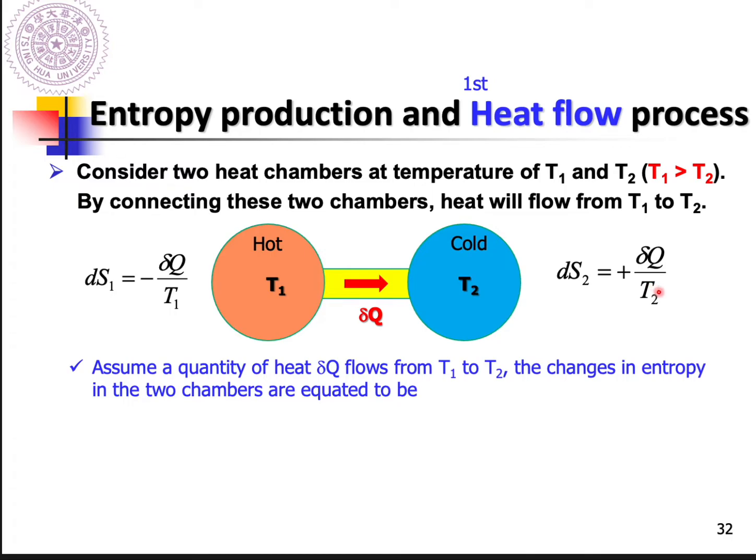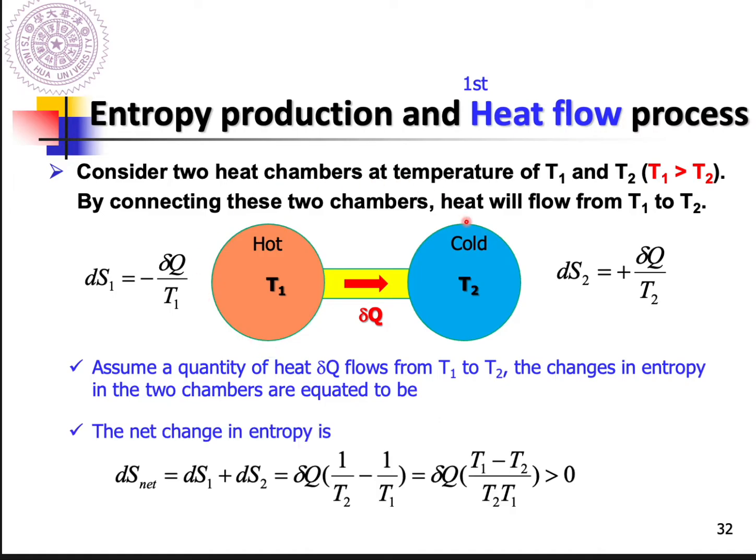Because the temperature here is T2, for the total entropy change of the system you need to sum up the net change in entropy: the entropy change in chamber 1 plus the entropy change in chamber 2. Then you get this result. Delta Q is positive, T1 times T2 is positive, and T1 minus T2 is also positive because T1 is larger than T2.